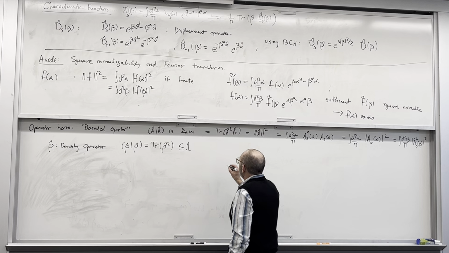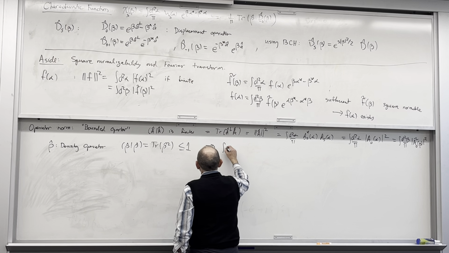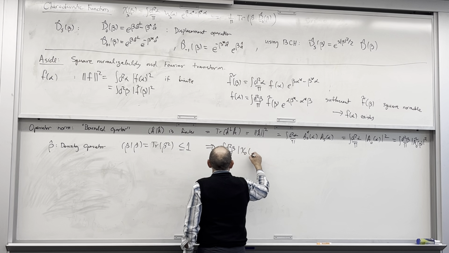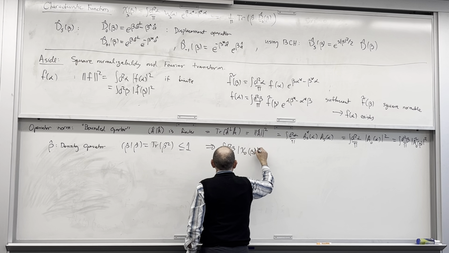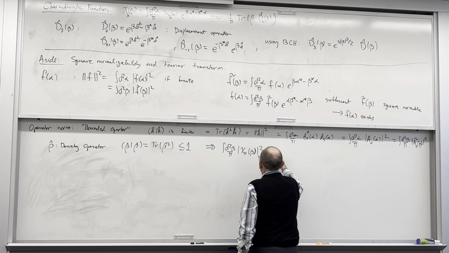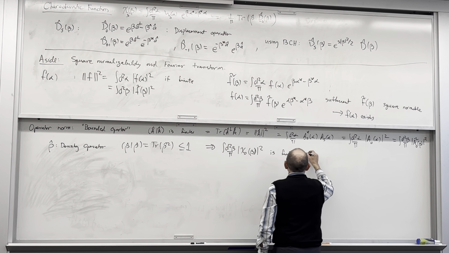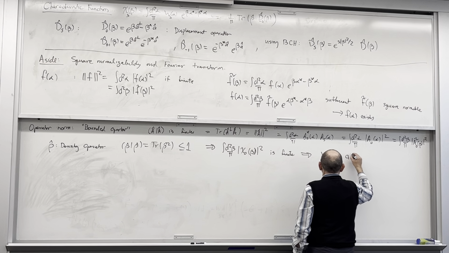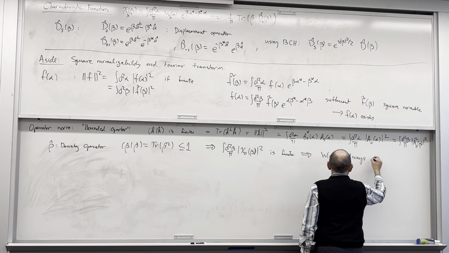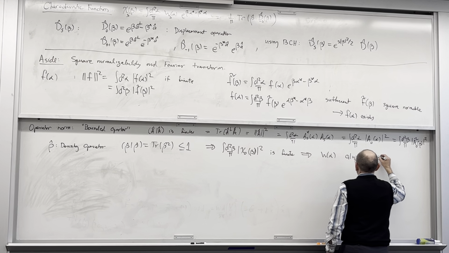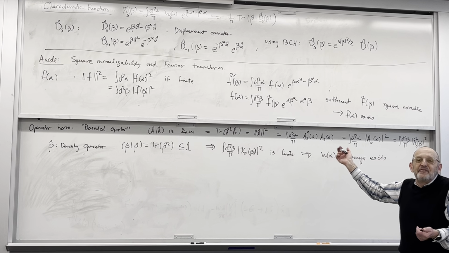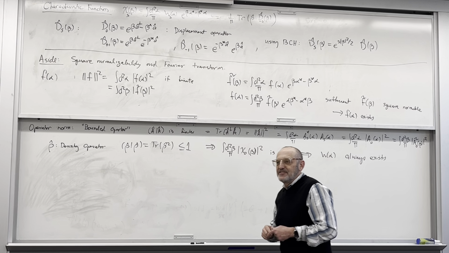Which means that the characteristic function of the Wigner function is finite. Which means that the Wigner function always exists for any state. So, existence of Wigner. That's always good.